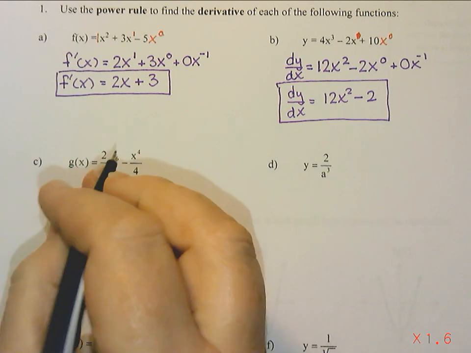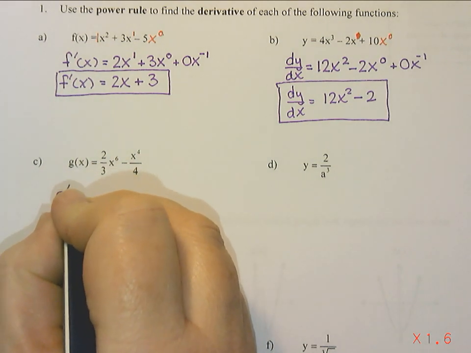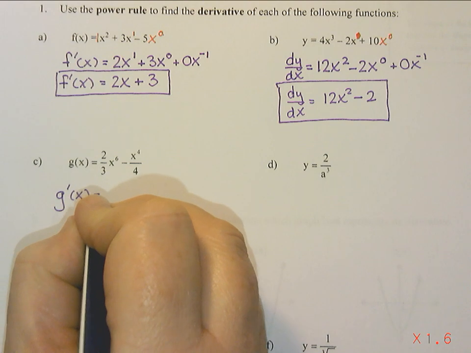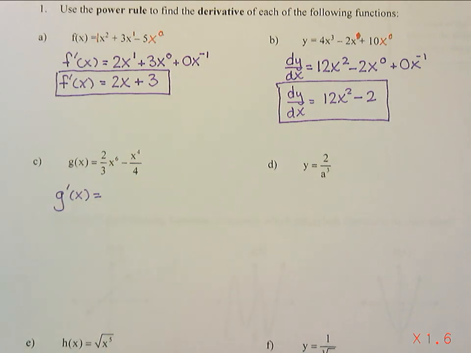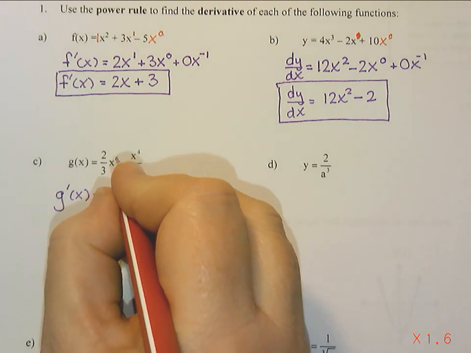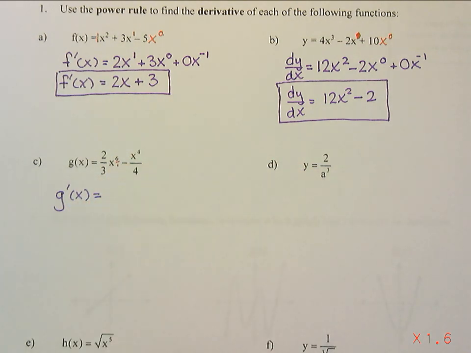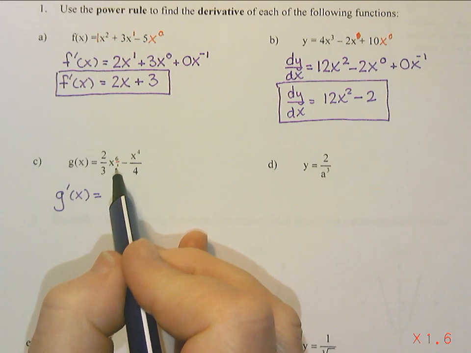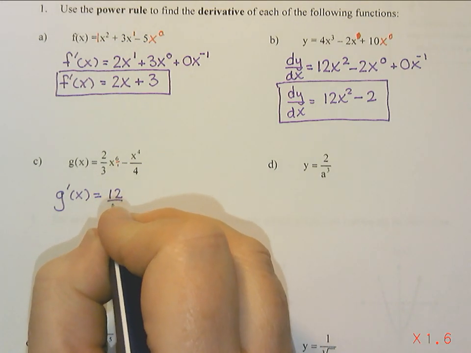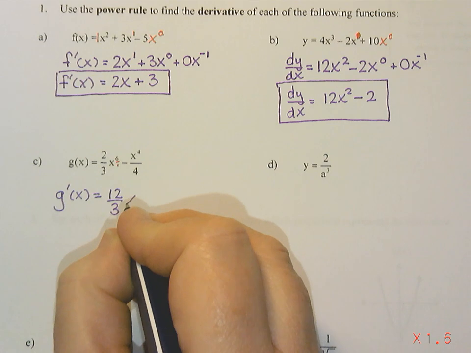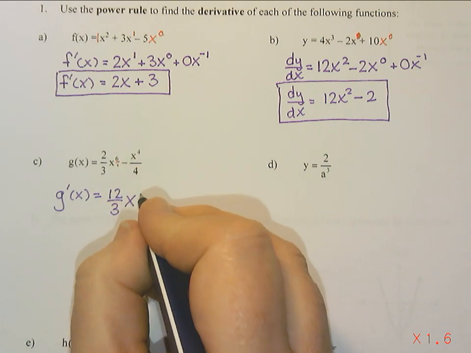I'm going to say g prime of x, that's how we do the derivative with function notation. I'm going to multiply my exponent times 2/3, right? So that exponent is secretly 6 over 1. So when I multiply, I do top times top, bottom times bottom. So 2 times 6 is 12, and 3 times 1 is 3. And then that would be x to the power of, we take 1 off, 5.